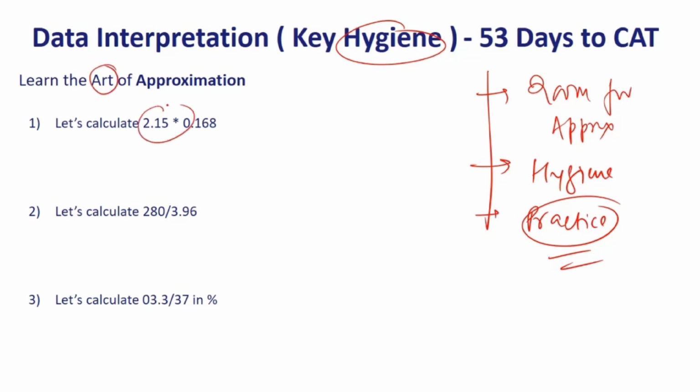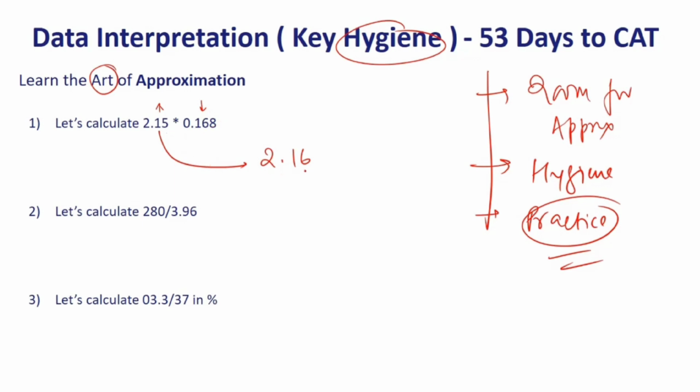How do we calculate something like 2.15 into 0.168? Let's see. What is the approximation that we can do? The first thing about approximation is to either break things down or convert things into some forms that you know. For example, I can increase 2.15 slightly, make it 2.16. Since there is a multiplication, if I increase one slightly and reduce the other slightly, it should not make much of a difference.